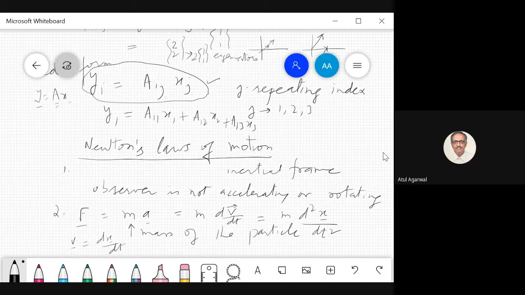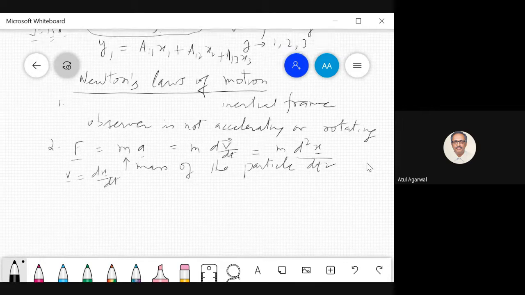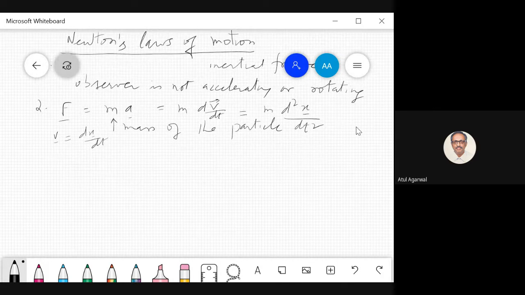It is a position vector. When I say x position vector, it has coordinates x1, x2, x3. Instead of x, y, z, you can write x1, x2, x3.